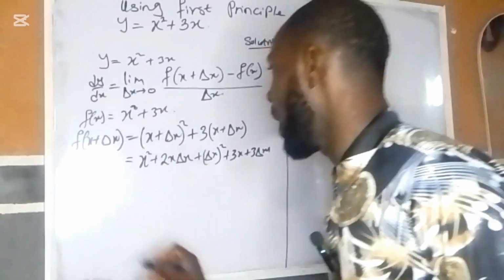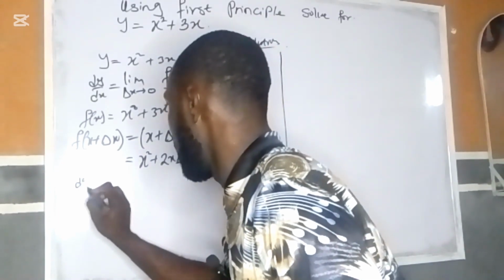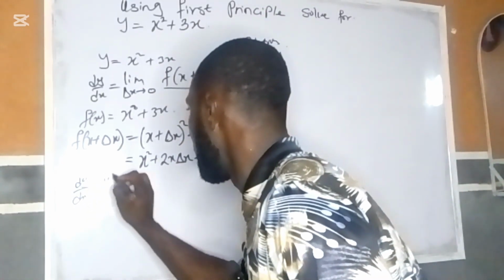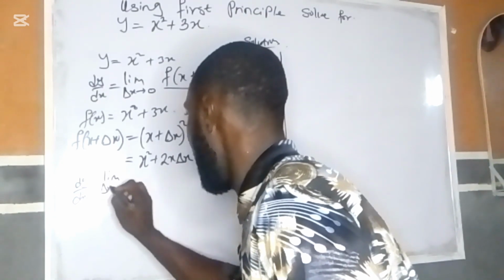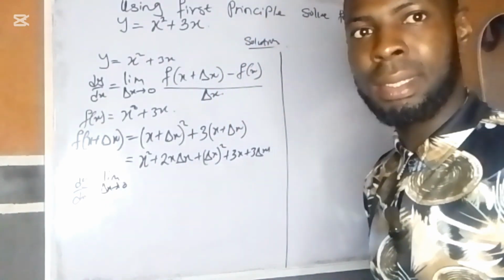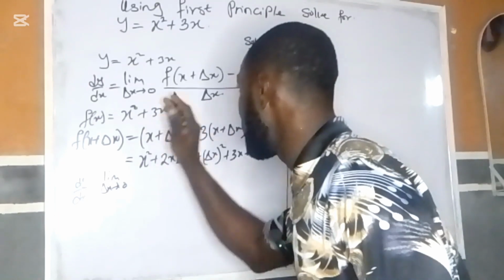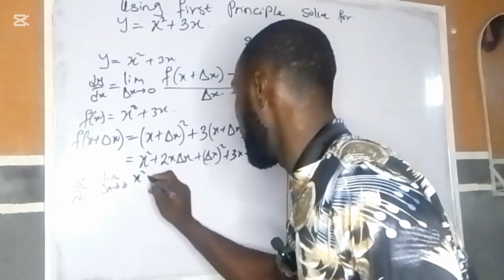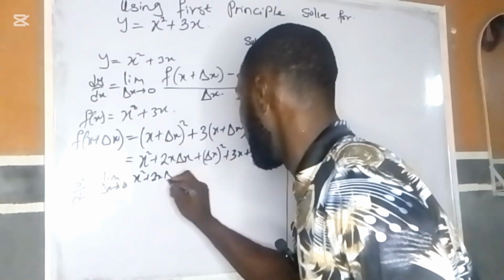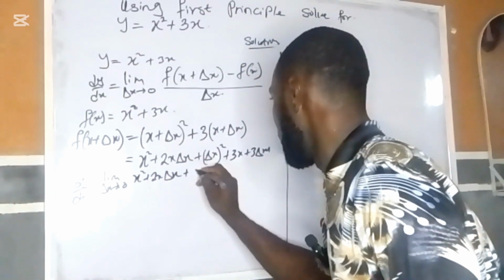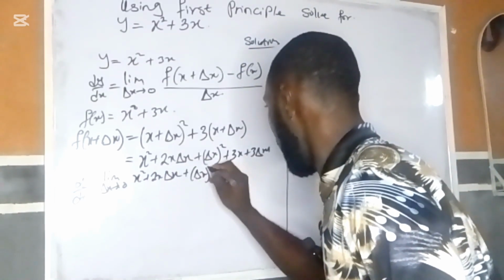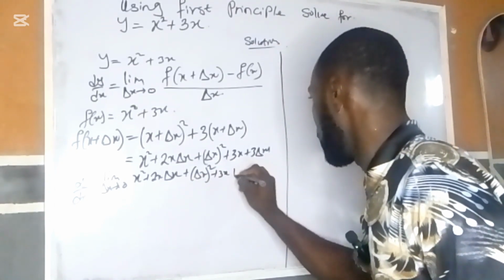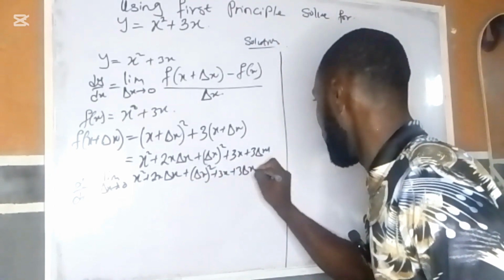Let's substitute into our derivative. So we have dy all over dx is equals to the limit as change in x approaches 0 of our f of x plus change in x, which is x squared plus 2x change in x plus change in x squared, plus 3x plus 3 change in x.